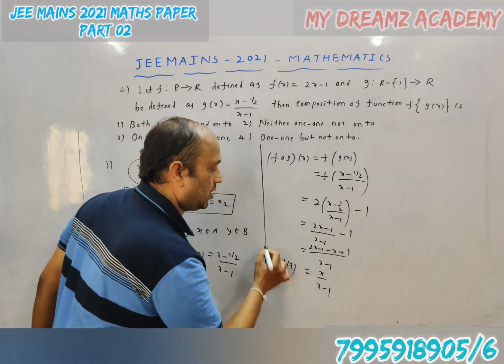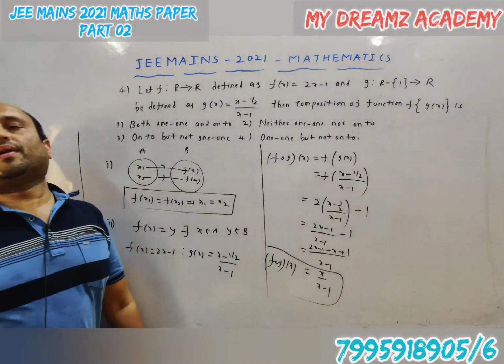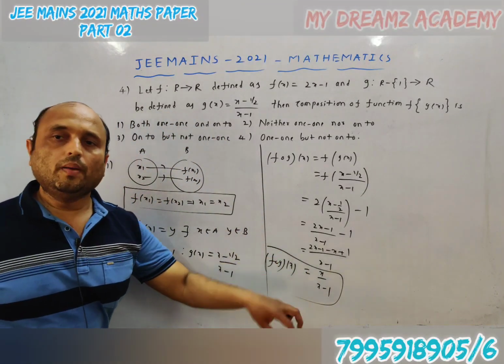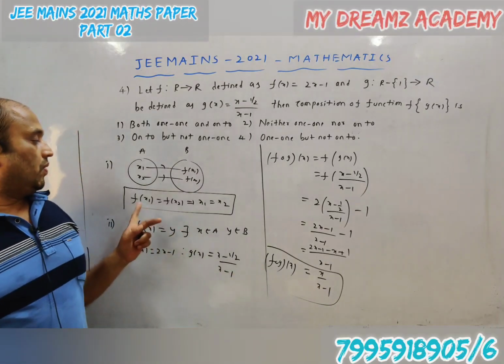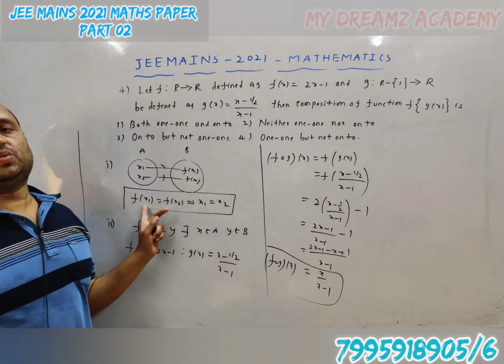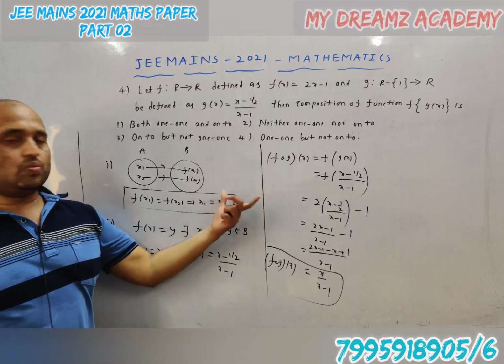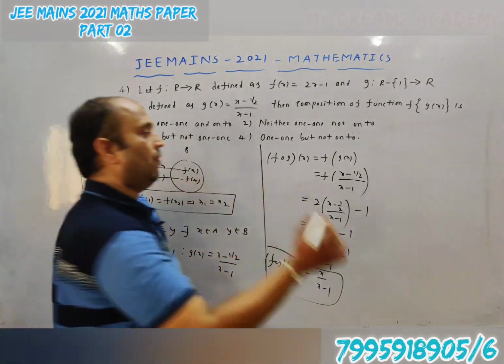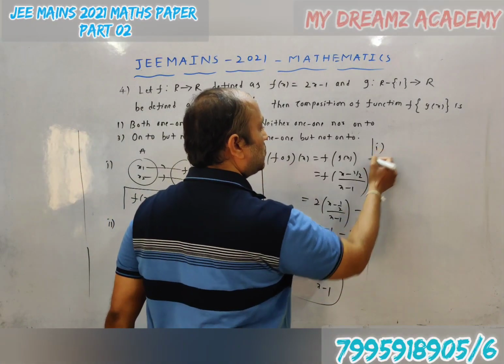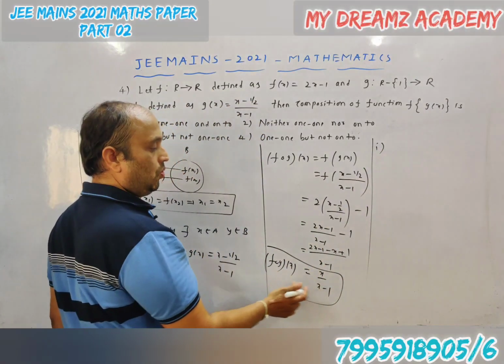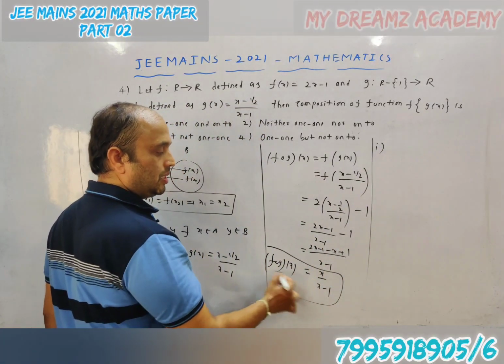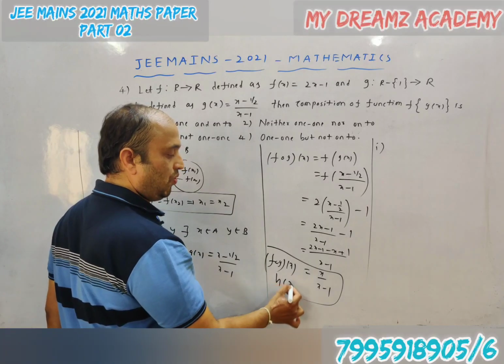Now we want to check whether this is 1-1 or not, or a bijection. For a 1-1 function, the same simple condition: f of x1 equal to f of x2, then x1 equal to x2, and that function is 1-1. Assume this composite function is h of x.